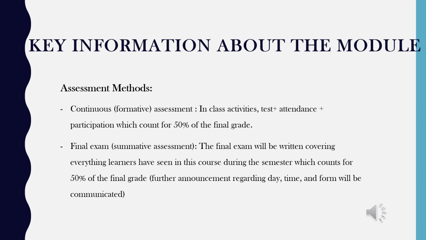The final exam will be written, covering everything learners have seen in the course during the semester, and its grade counts for 50% of the final one. The time, day, and form of the final exam will be communicated following the administration's guidelines.